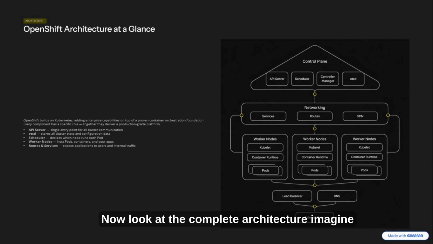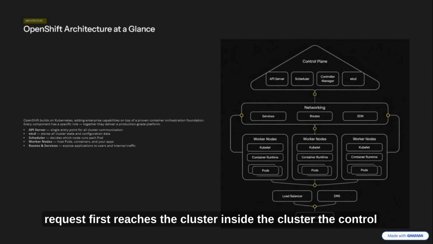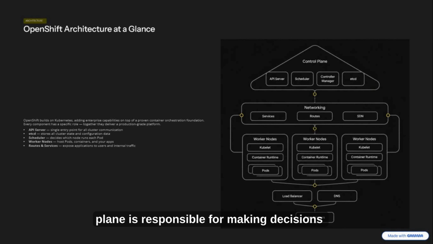Now look at the complete architecture. Imagine a customer opens a website hosted on OpenShift. The request first reaches the cluster. Inside the cluster, the control plane is responsible for making decisions. It does not execute the application itself. Instead, it decides where the application should run.